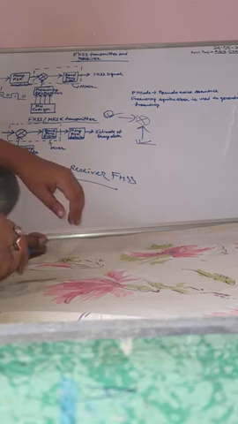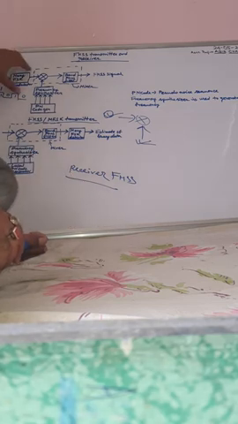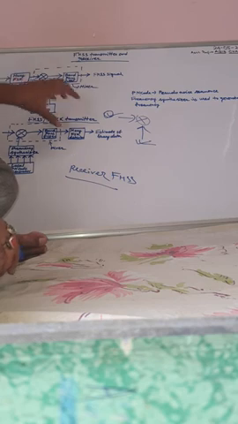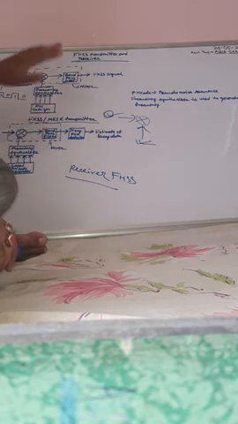So we use MRA FSK only. Here also MRA FSK, here also MRA FSK. So this is your FHSS transmitter and receiver.